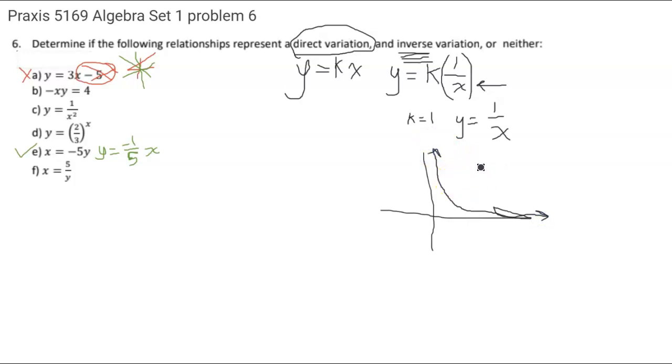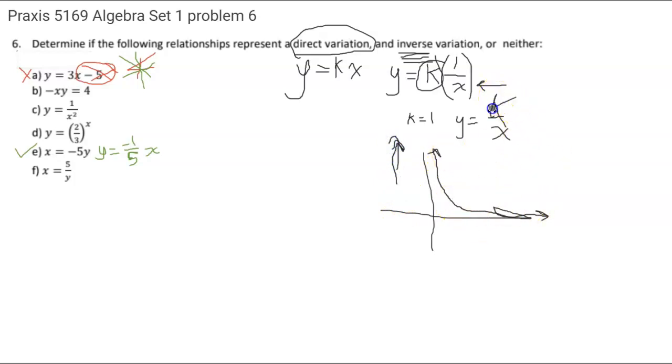That's the basic inverse relationship. Now there can actually be a k. So really, all the k does is scale it up by a multiple, stretch it up by a multiple, or squish it down by a multiple.